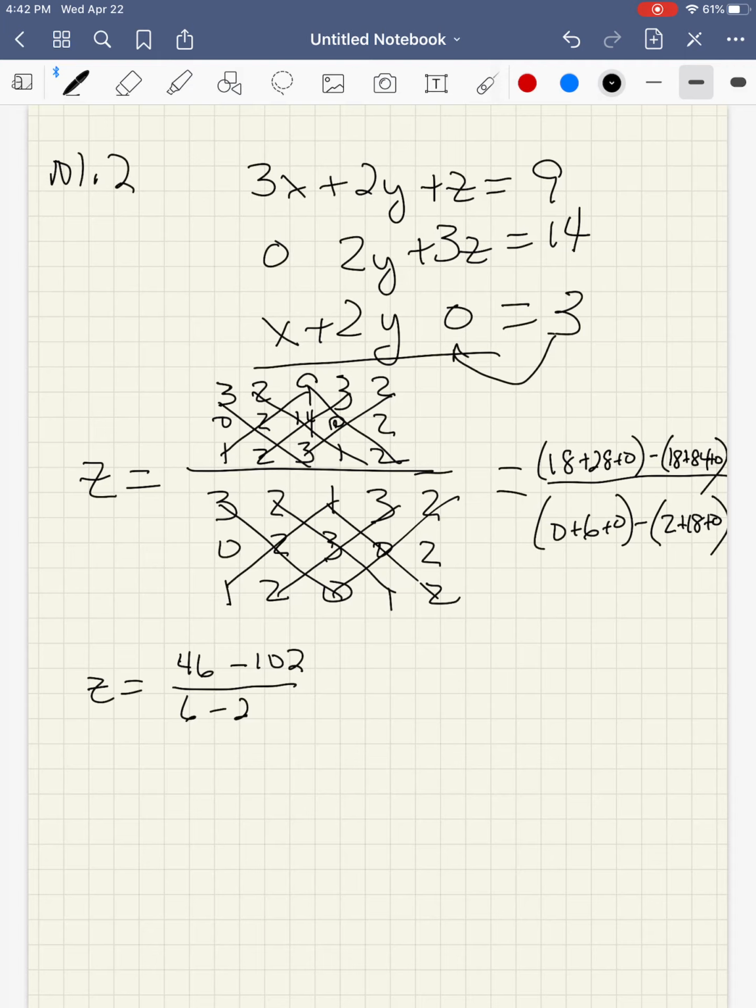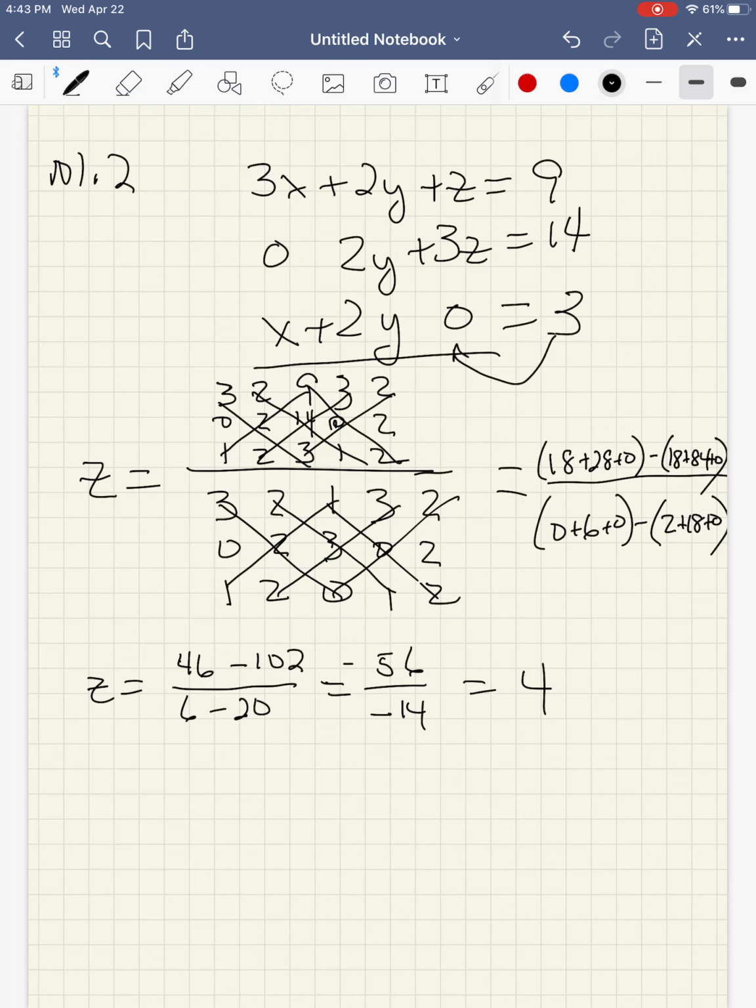No. 2 plus 18 is 20, okay. All right, so then 12 minus 6 is 6. 9 minus 4 is 5. That's negative 56 over negative 14, which is equal to a positive 4.